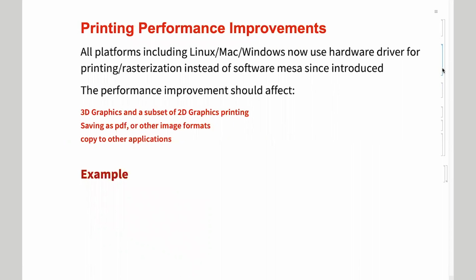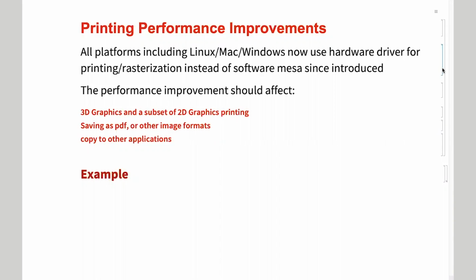Printing. Since version 6, we have been using software Mesa for printing on all platforms. The reason is that otherwise a hardware driver would interfere with on-screen rendering, and we don't want that.